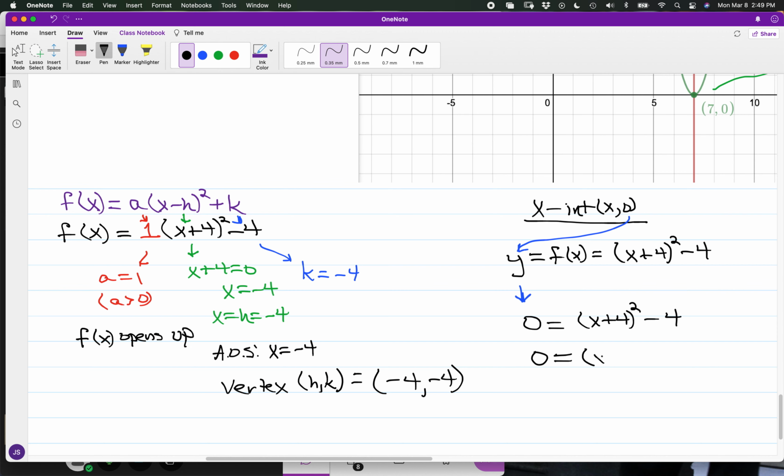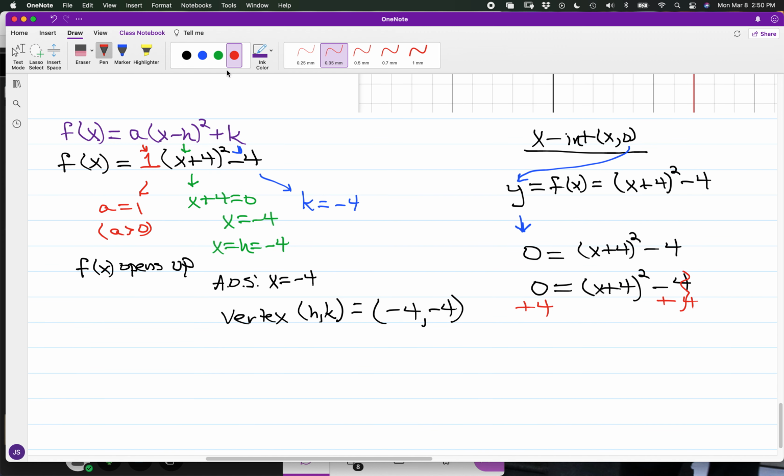Now what I could do here is square out x plus 4 and then set this up as a quadratic equation in standard form and solve for x that way through the zero product property. But I'm just going to write this in terms of the square root property of equality setup. If I add 4 to both sides, 0 plus 4 is 4.